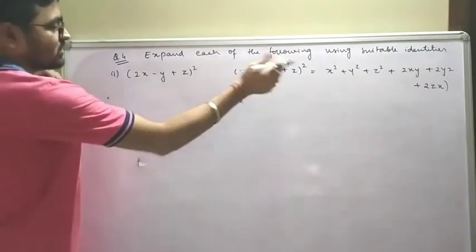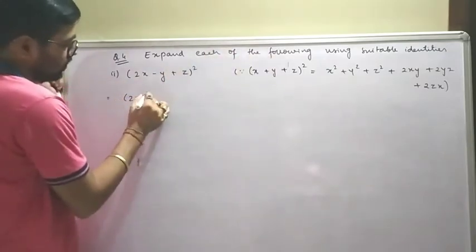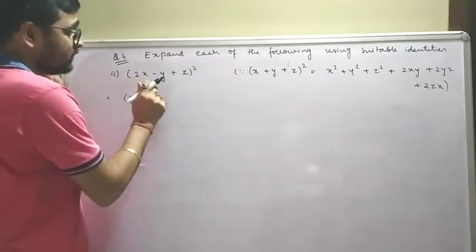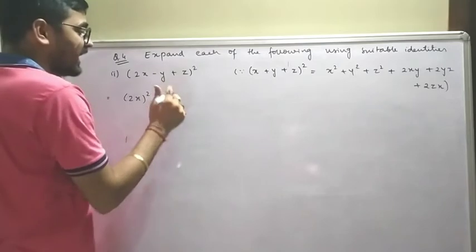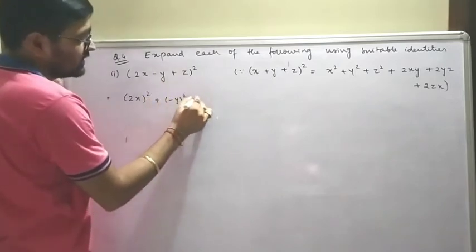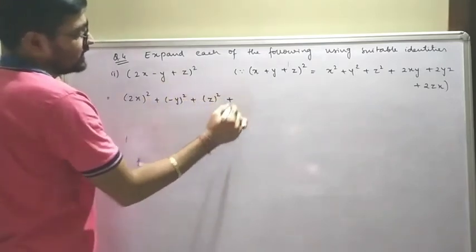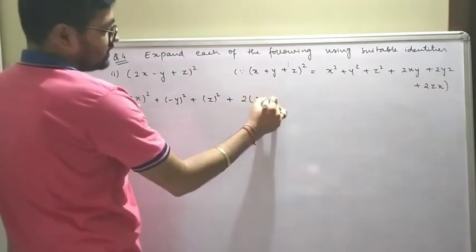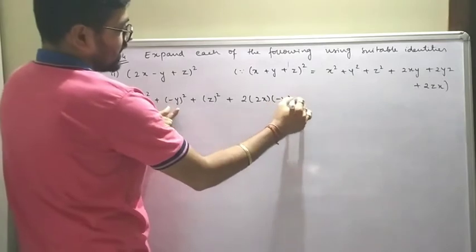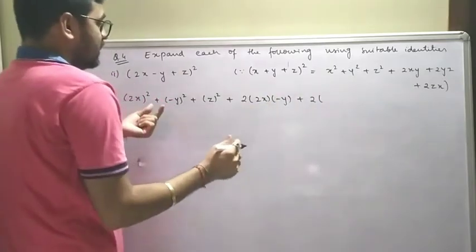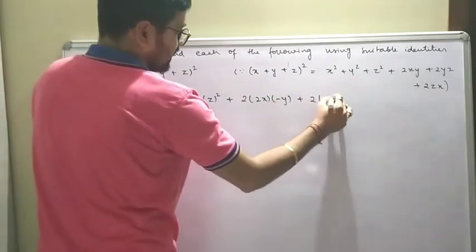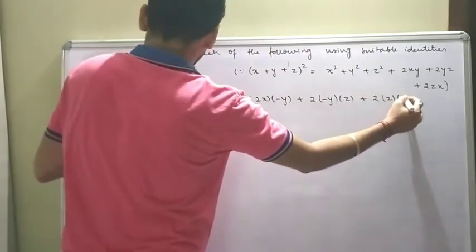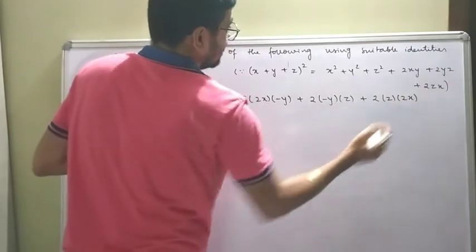So first term square, so it will be (2x) whole square plus, this sign will always remain plus. Now here, this is negative, so I will write (-y) square plus z square plus 2 times this term of x is 2x, term of y is minus y, 2 times yz, so y is negative and z, plus 2 times z is as it is, and instead of x it is 2x.